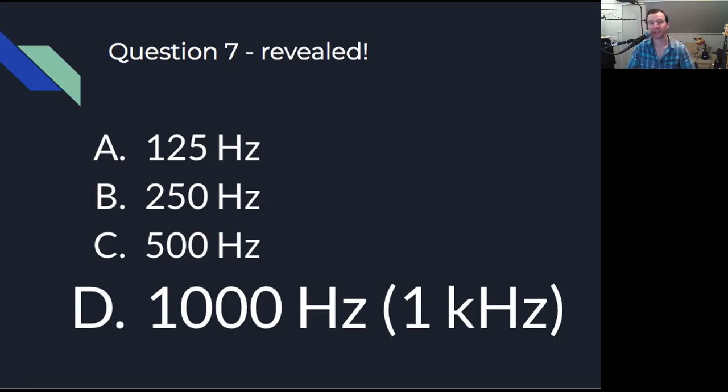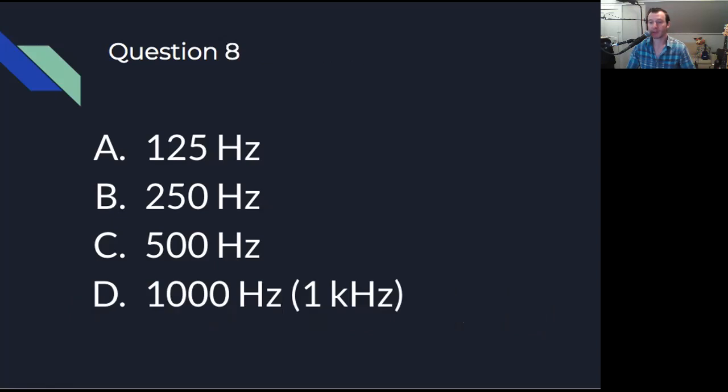Many engineers are able to identify that just from how much we hear it in a studio for testing equipment. All right, here is our last question. How are you doing so far? Our last question, what frequency is this?